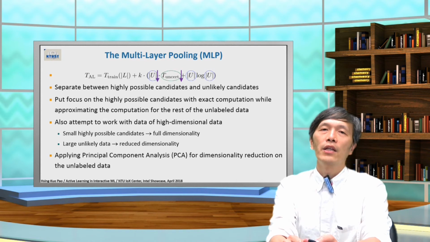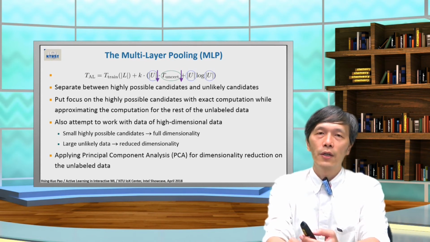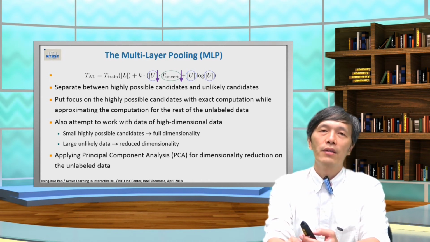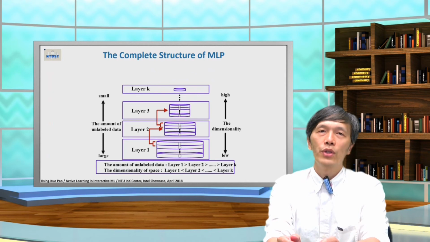On the other hand, if there is some data that we need to consider in a lot of dimensions, maybe there will be only a few of them. They are quite likely to be the chosen ones, the informative data, so maybe we can spend more time on them because it's just a small set. So combining these two strategies, we can have a very good result.